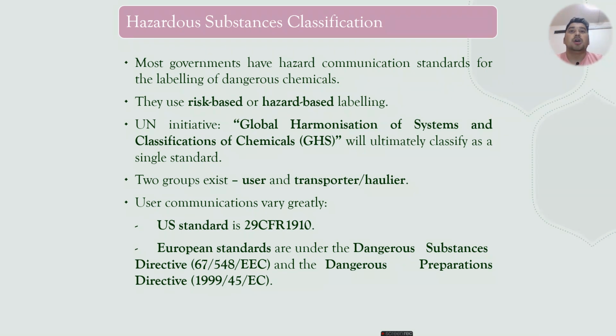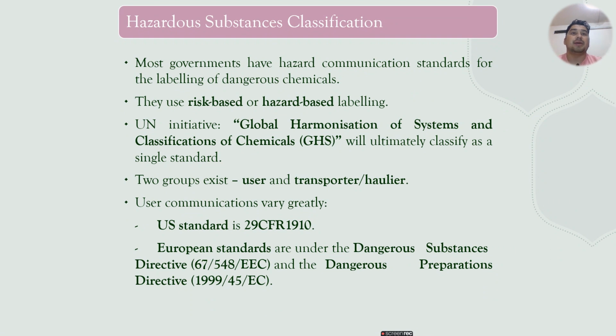GHS standard. So if you have noticed any vehicle which is transporting any hazardous substance, any hazardous liquid or anything, they have certain kinds of symbols on the vehicles also, and they have some signage also which is telling you the very crucial information about the substance which is being carried by the transportation or by any equipment.